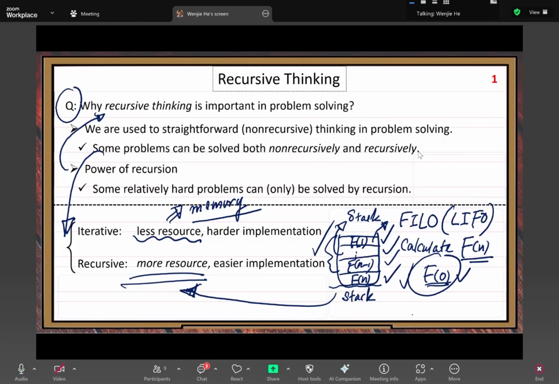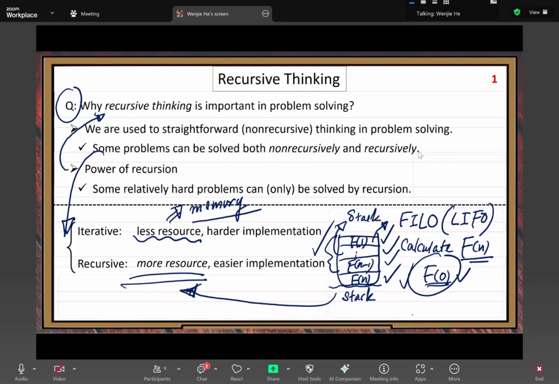When your stack goes very deep, sometimes your program could terminate due to the lack of enough memory. You run out of memory. There is a special word for it: people call it stack overflow.